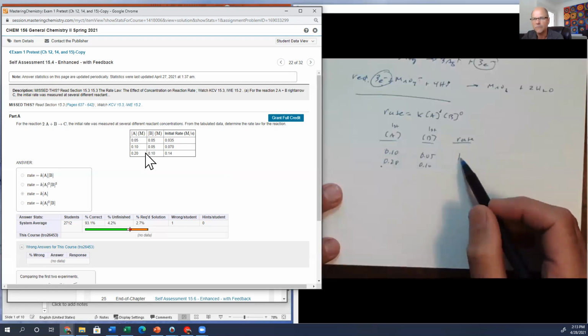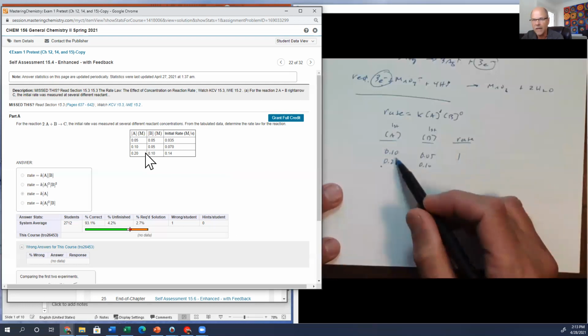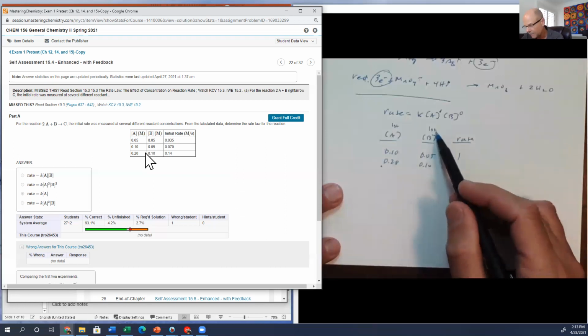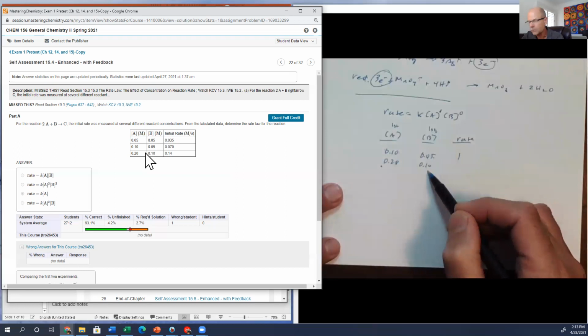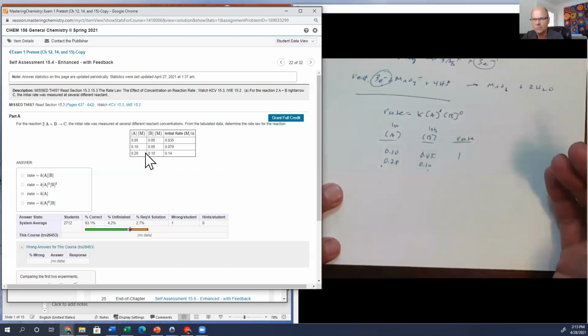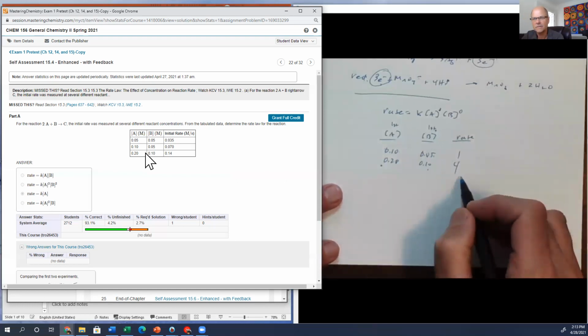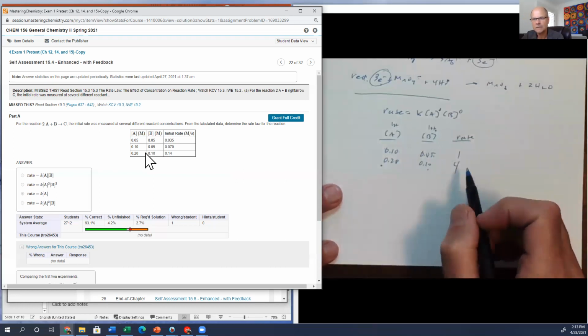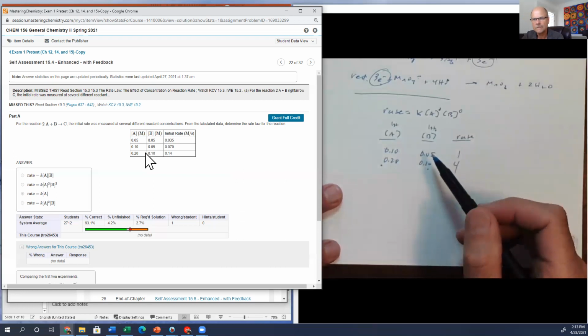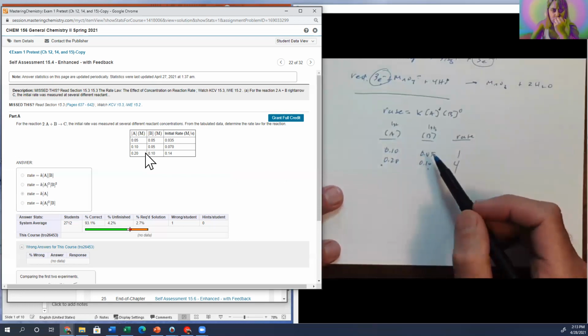And if it was also first order with respect to B, this would go from 0.05 to 0.10, so you expect another factor of 2, right? So you would expect a factor of 4, because you have to multiply the effects together. Does that make sense? Yeah, I think so.